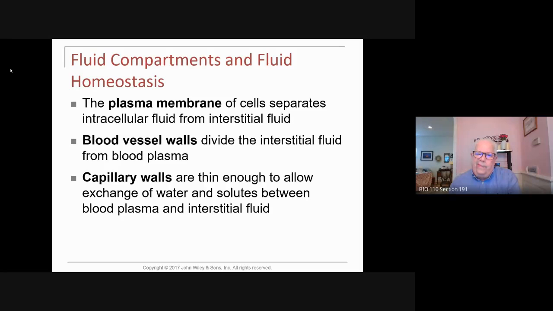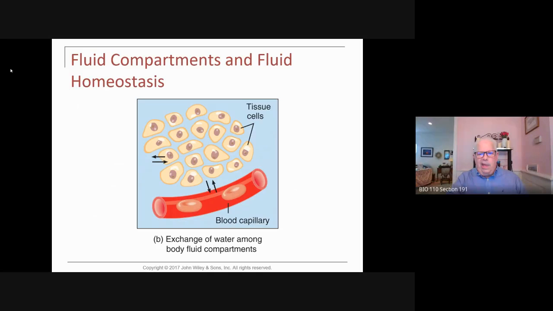You know that from the blood system. And the capillary walls are thin enough to allow the exchange of water and solutes between the blood plasma and the interstitial fluid. You learned about osmosis, facilitated diffusion, and such in AP1.